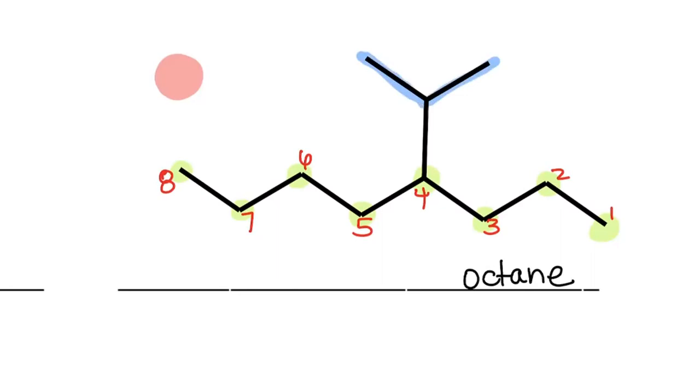This branch is composed of 3 carbon atoms, but the carbon atoms are bonded through the middle carbon. So if we go back to the table that we have for substituents, what is the name of this substituent? 3 carbons in a row, but attached to the branch at the middle carbon.